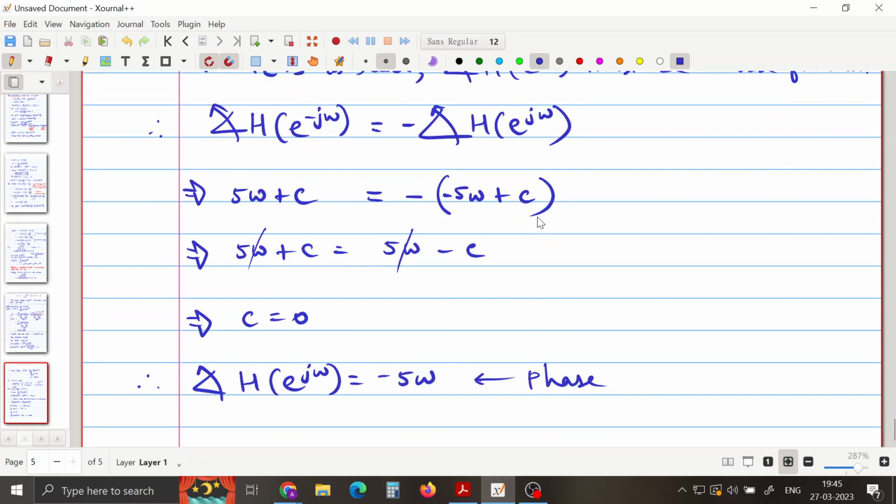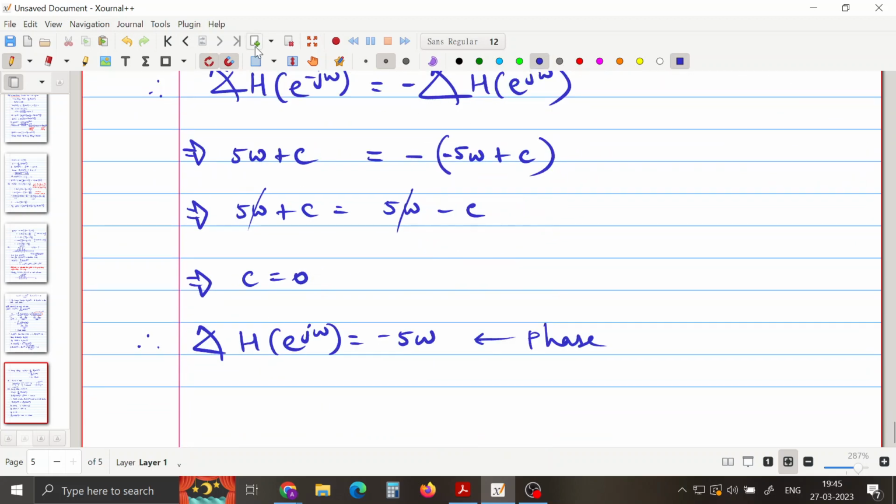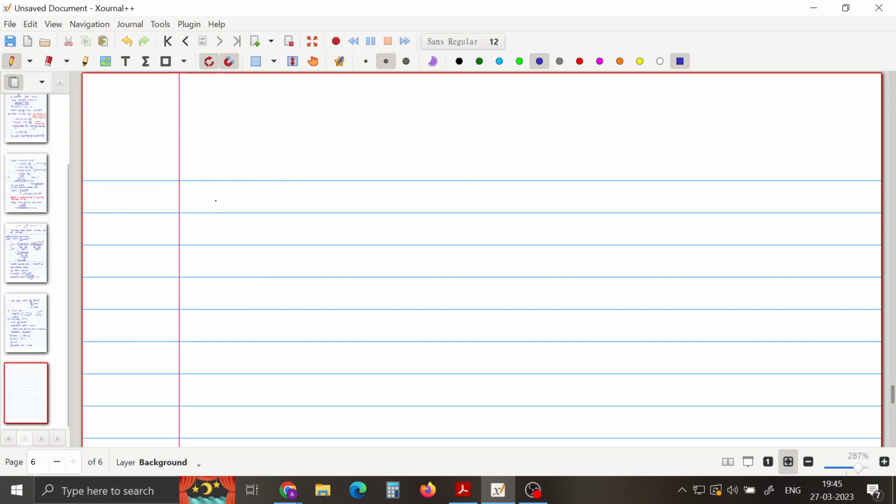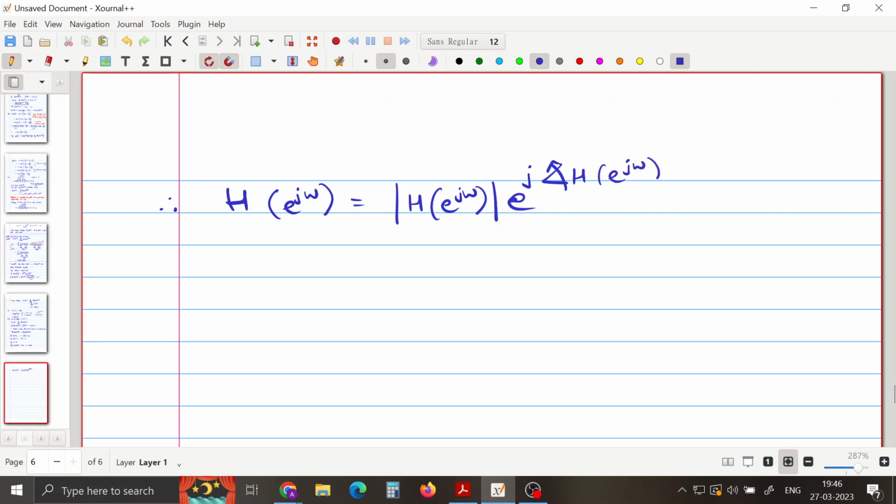We can combine them together to find the overall frequency response like this. Therefore H of e power j omega, which is the complete frequency response, is given by the magnitude times e power j, the phase.